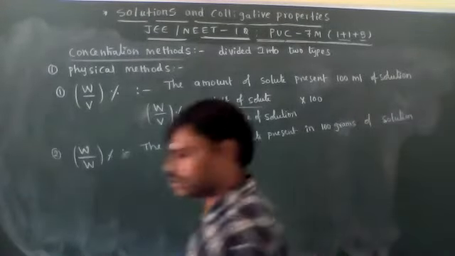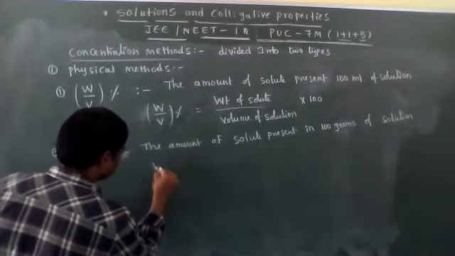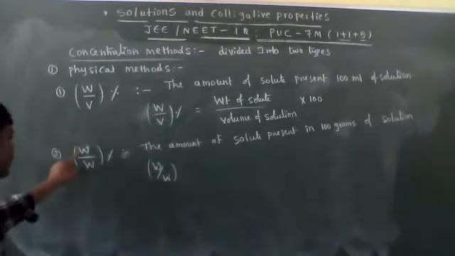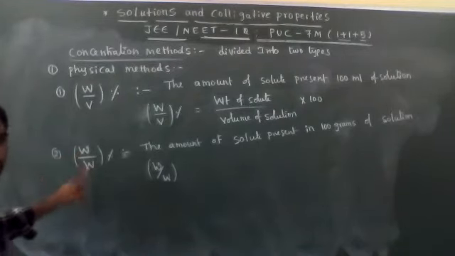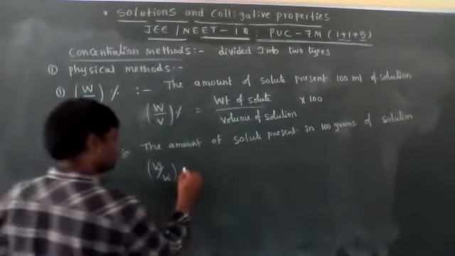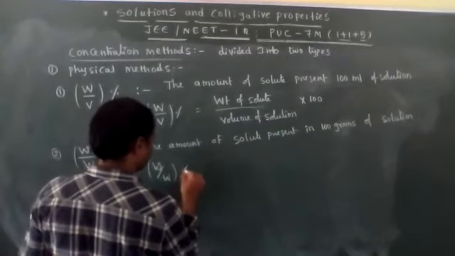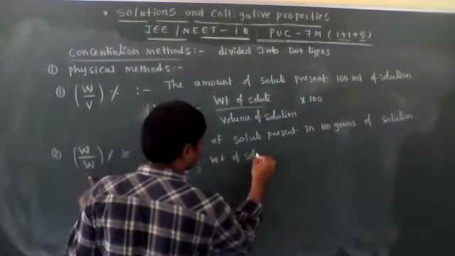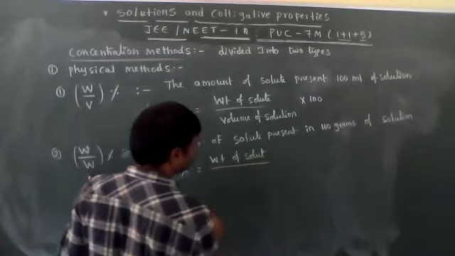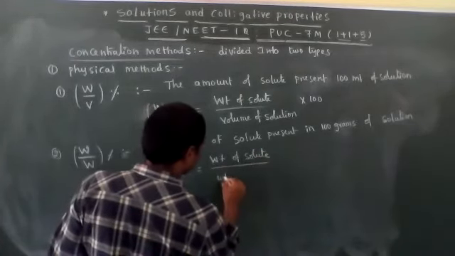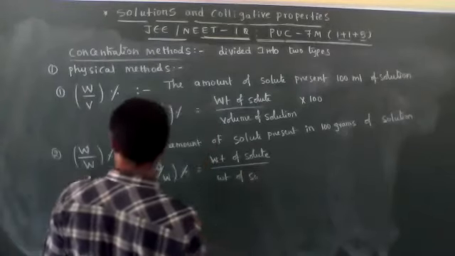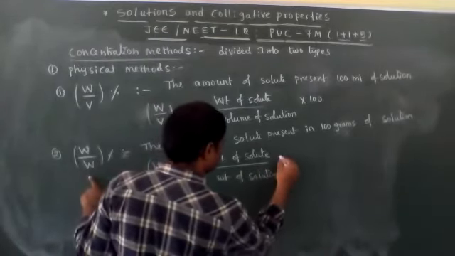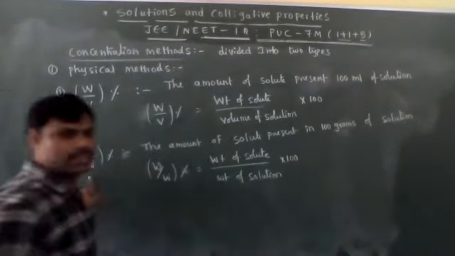So what is the formula? Small w by capital W. Small w indicates the weight of solute, capital W indicates the weight of solution. Percentage is equal to weight of solute, weight being nothing but amount, divided by weight of solution, into 100. Okay students, this is the second one.